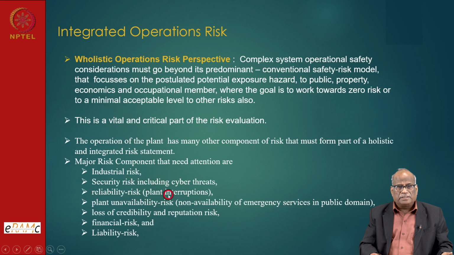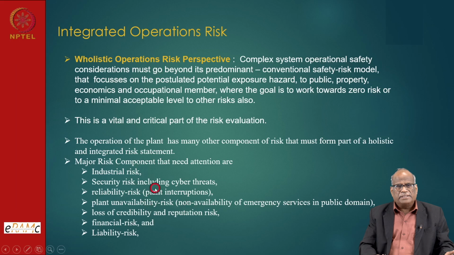And then reliability risk. When we talk about reliability, we say uninterrupted operation of the plant, and when the interruption occurs, the plant goes to the safe mode. Now, if our definition of safety extends to the public domain, then power failure itself has some consequences in the public domain.